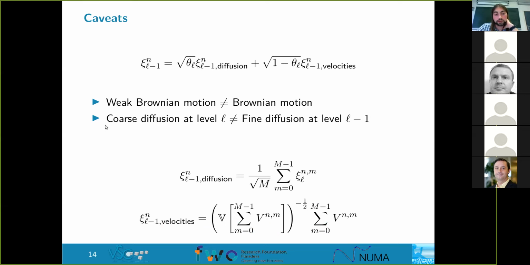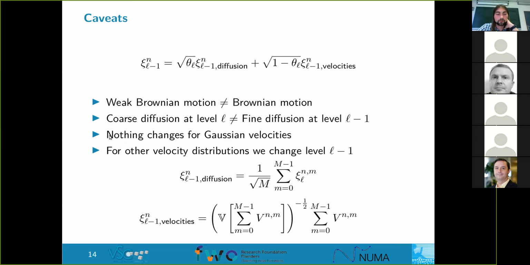And the issue is going to come from the fact that we don't have consistency in our telescopic sum. So the coarse diffusion in the finer level and the fine diffusion in the previous level are no longer going to be distributed in the same way, meaning that we're potentially introducing an inconsistency. For Gaussian velocities, everything is fine, but for others, we have to change this level L-1 fine simulation.